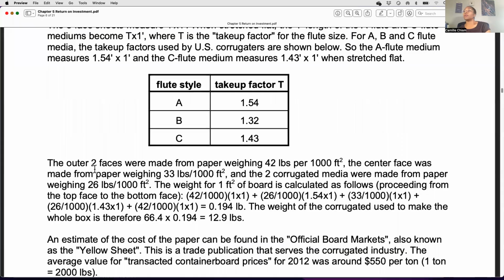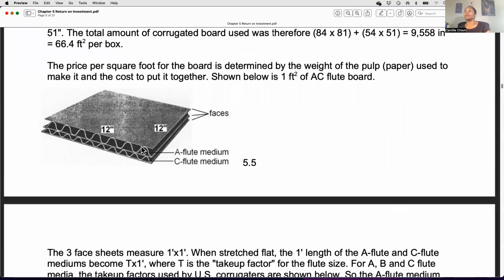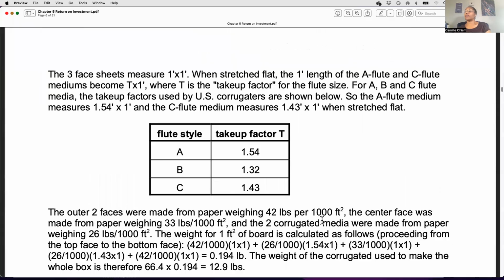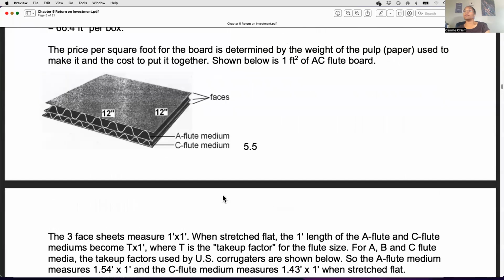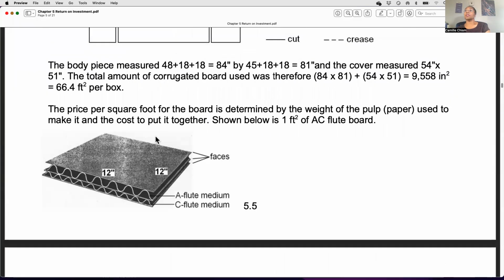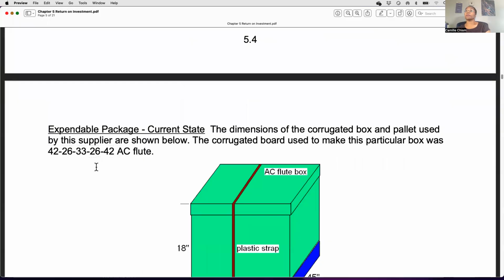Okay, so we knew the two outer faces for the paper weighed 42 pounds. So right here at 42 pounds per 1,000 square feet. The reason why you know it's these two outer ones is when you go back up here, you got the 42 here and the 42 here.